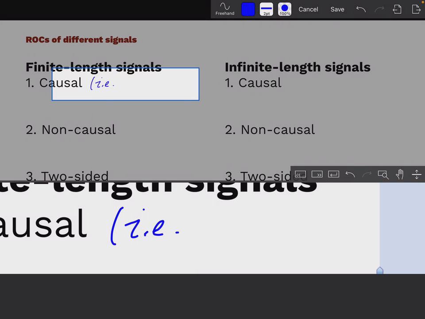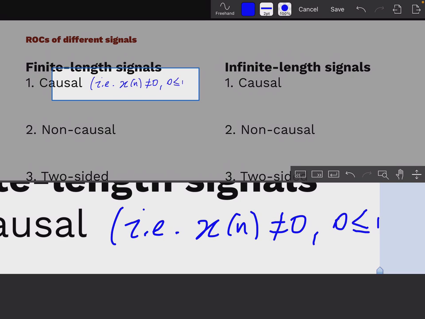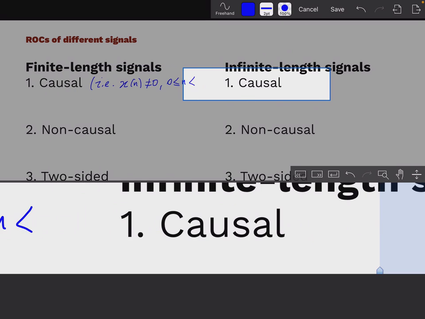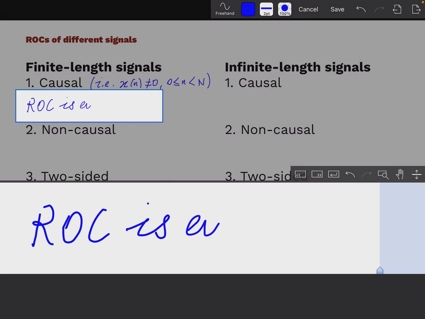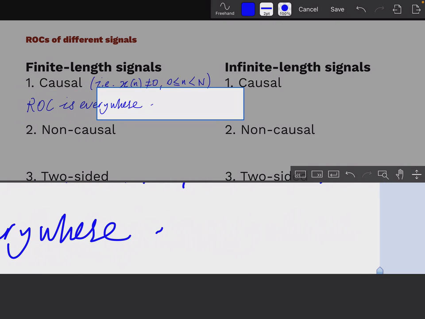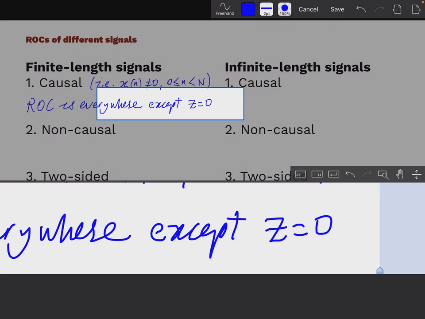That is x of n is not equal to 0 for a finite time support. Okay, for this type of a signal, region of convergence is everywhere except z equals 0. And you may remember from the first example that this is indeed the case.